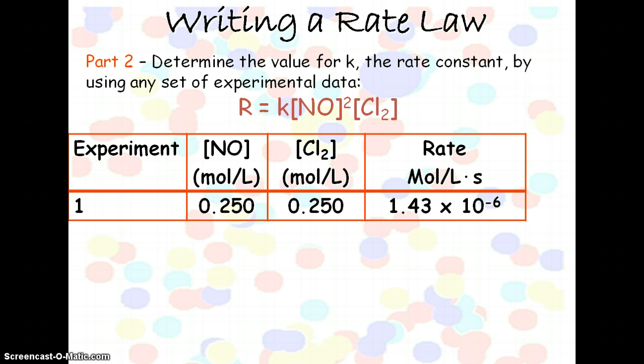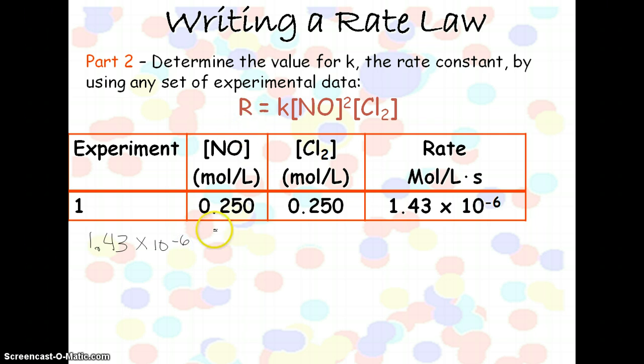Okay, now we need to find K. All right, to find K, we're going to have to do a little bit of equation manipulating. All right, so here is our equation. So we know that the rate is 1.43 times 10 to the negative 6.